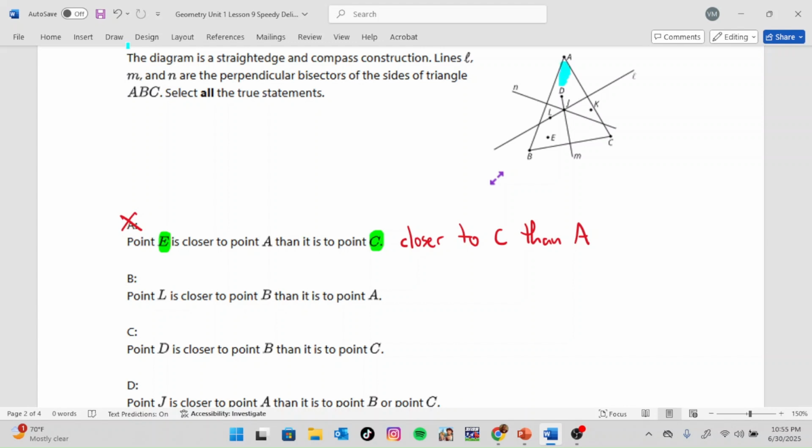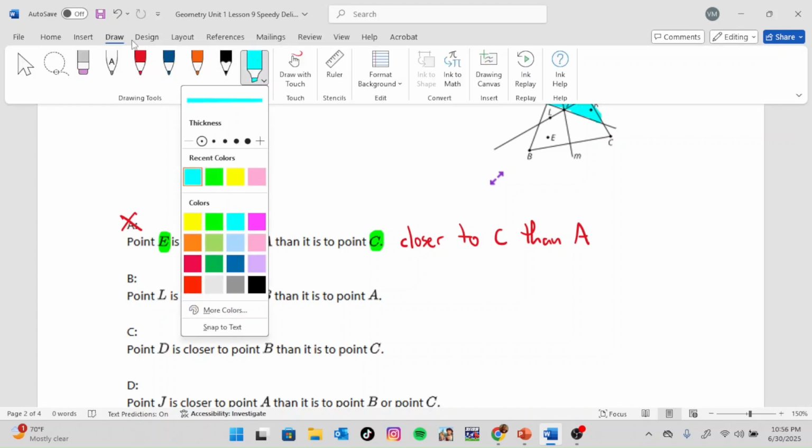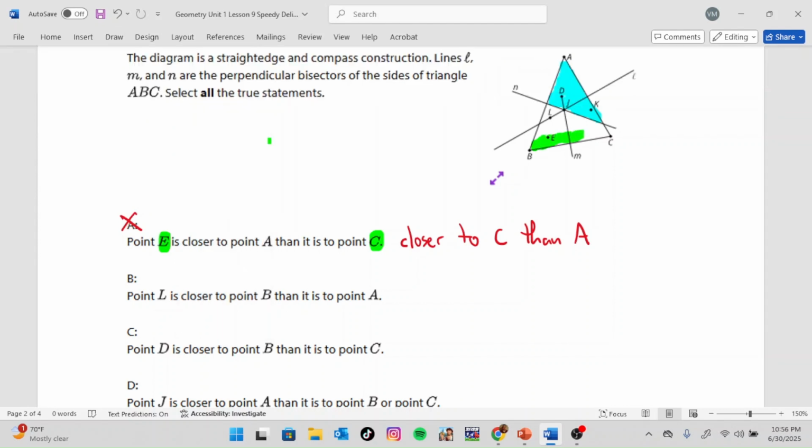So everything above it that I'm shading in blue is going to be closer to point A. Everything below it that I'm shading in green is going to be closer to point B. So we're talking about point L. Point L is right here in the green shaded region.